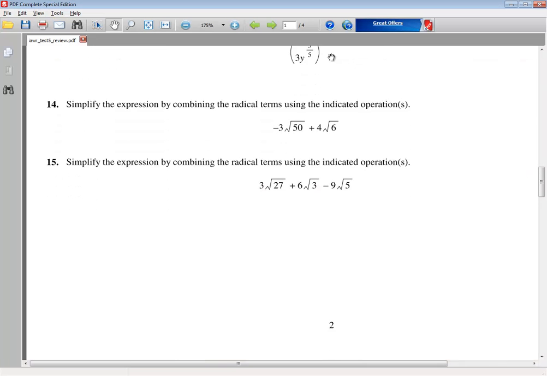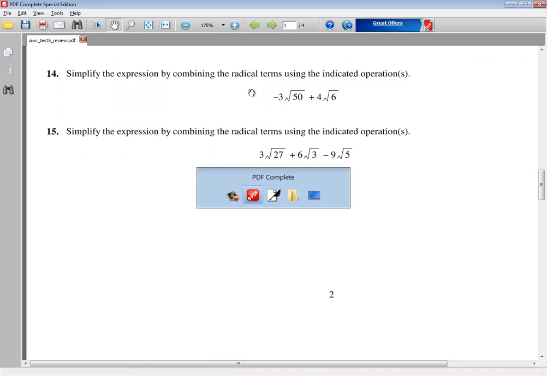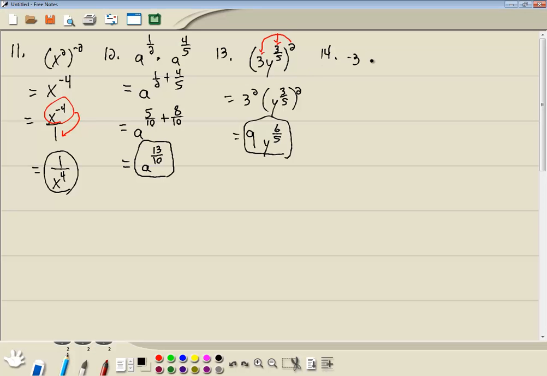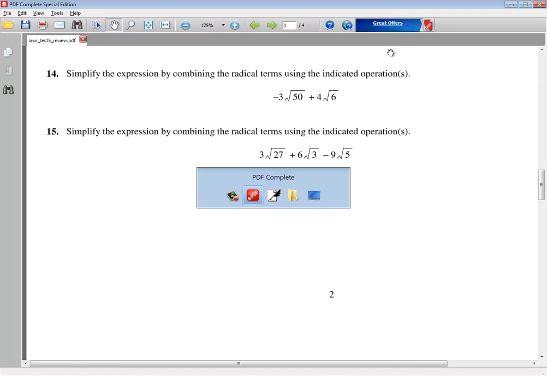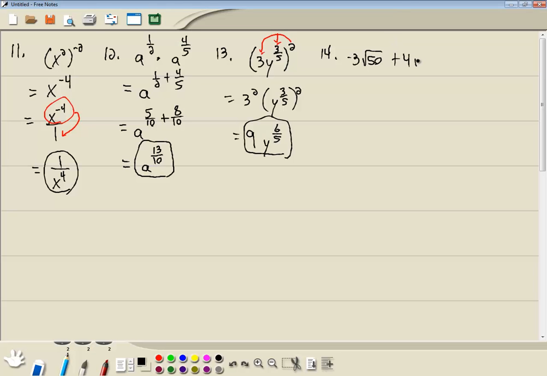Number 14. We've got -3 square root of 50 plus 4 square root of 6. First off, you always simplify your radicals before you do anything else. So let's start there. 50 is 2 times 5 times 5.